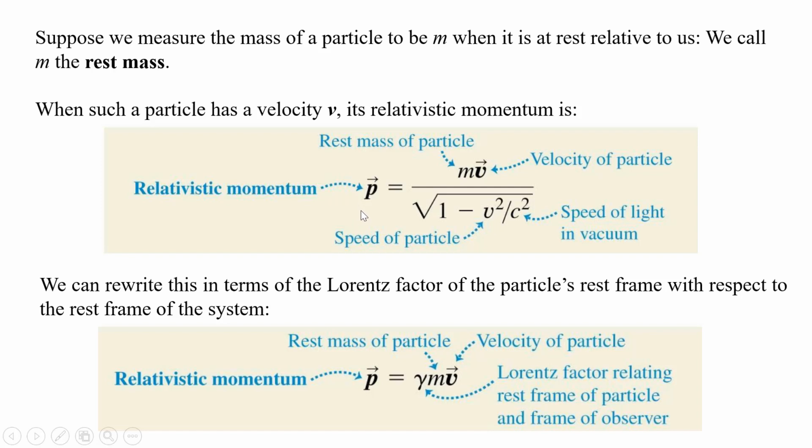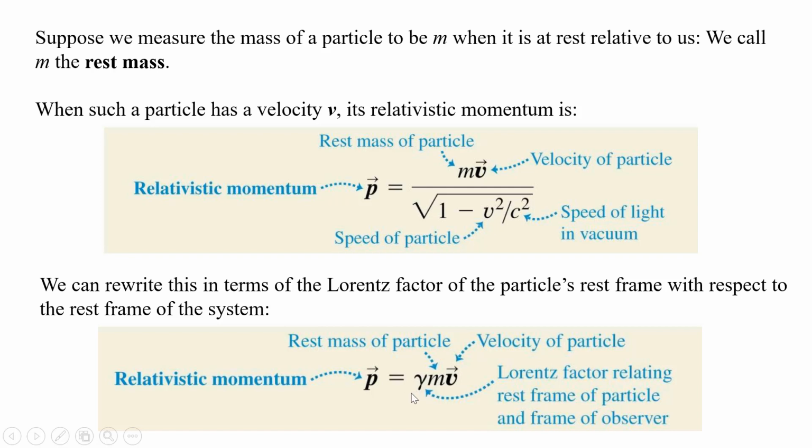We can write this as gamma multiplied by mv.